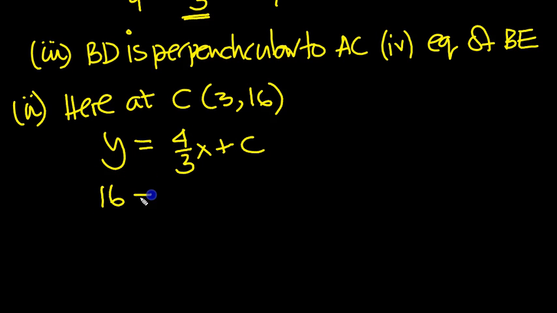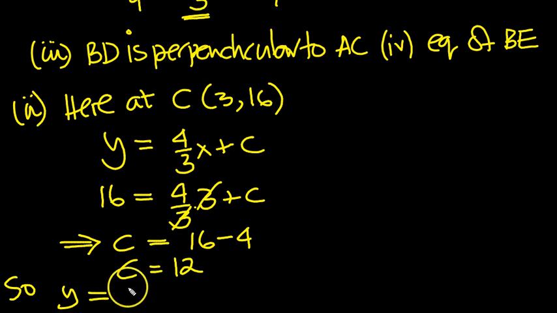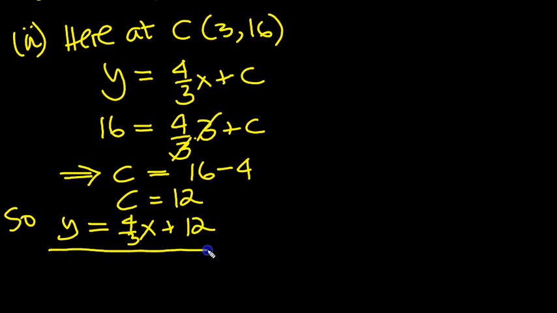So 16 equals 4/3 of the x value, which is 3, plus c. And that implies, cutting a long story short, c equals 16 minus 4, so c equals 12. So y equals 4/3 x plus 12. There we are, there's part 2 done.